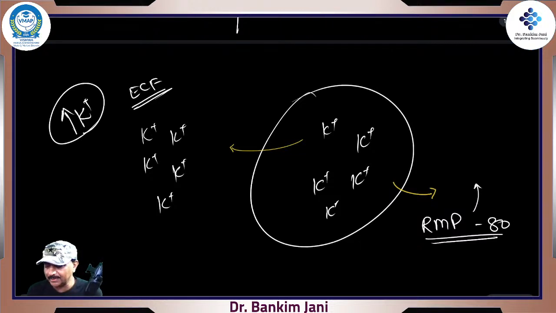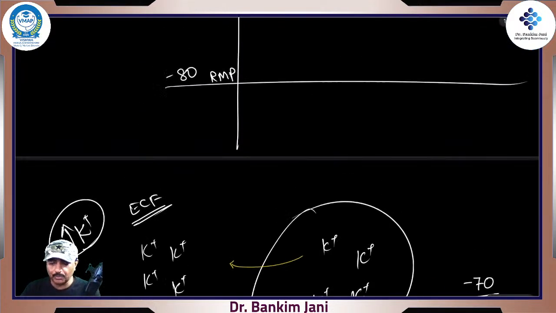Let's say, just for the example, at minus 70 it would be satisfied, and the work is finished. As such you are right, from that position it will become electronegative, but from the resting membrane potential point of view, fewer potassium ions have to go outside, so they retain their positivity, and thus RMP would rise.